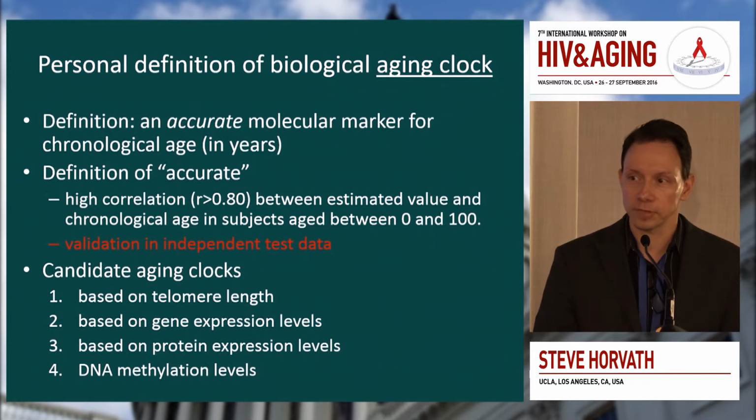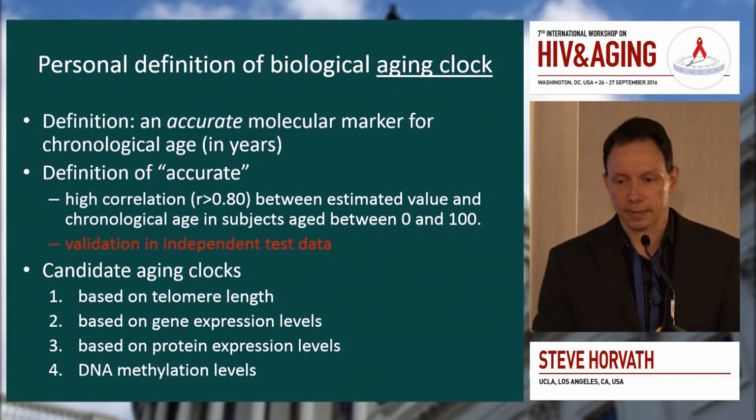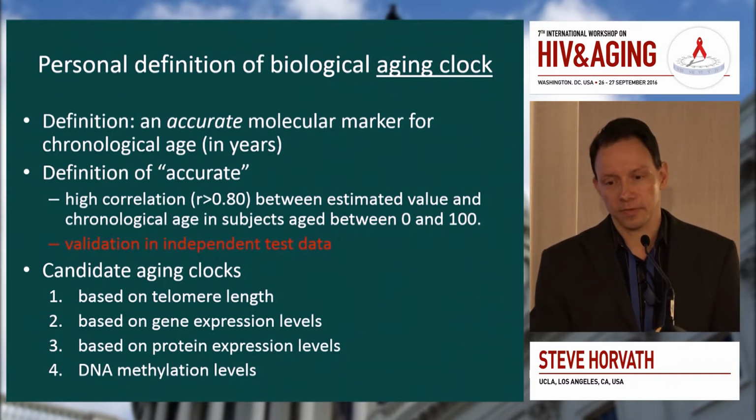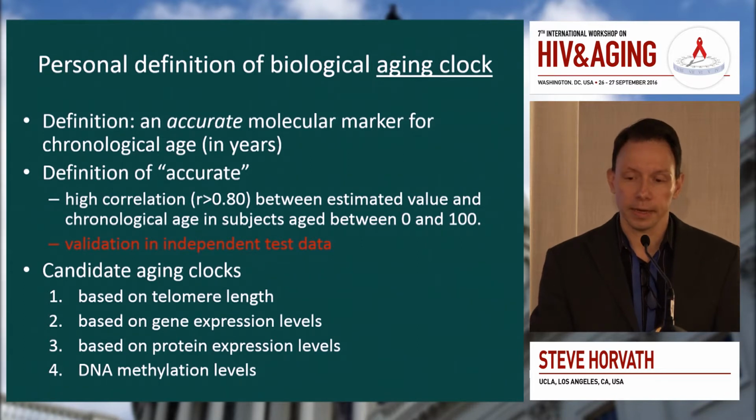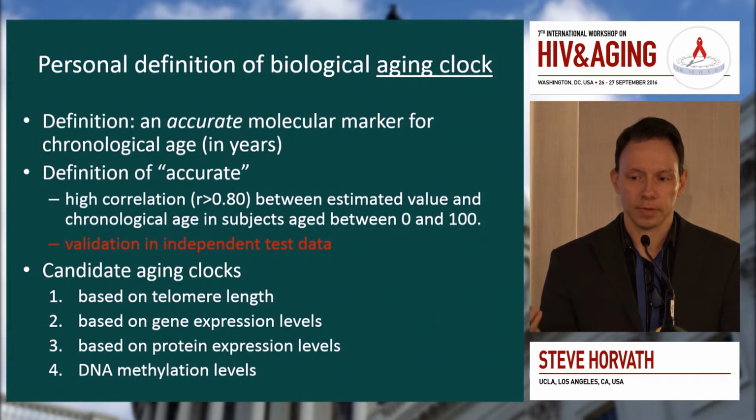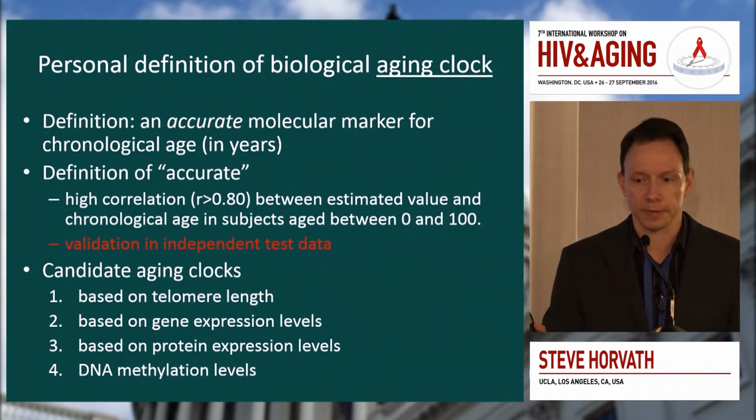For example, if you measure the amount of gray hair, that's not accurate enough for measuring the age. Accurate is defined here as a very high correlation, bigger than 0.8, between the estimate of the age and the chronologic age of the subject, in subjects aged between 0 and 100.